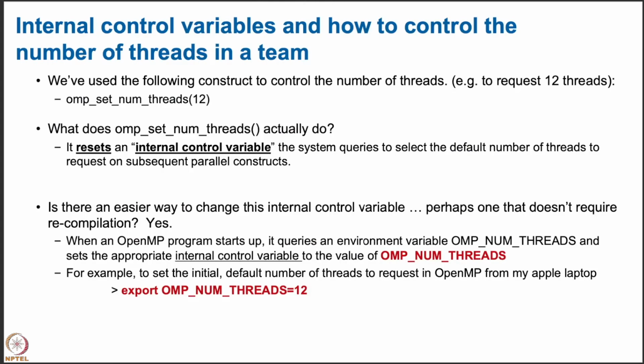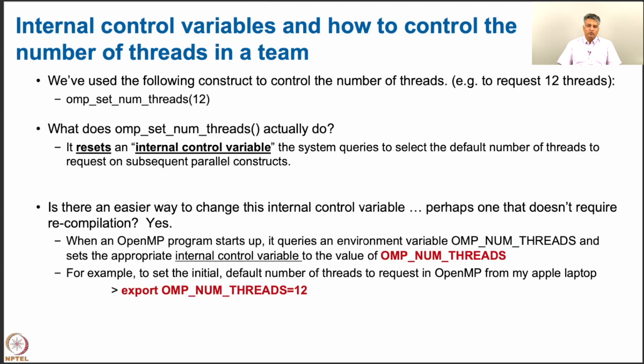So what we really need to figure out is how to control these internal variables and how to control the number of threads in a team. We need to tune this to the optimum number of threads, and we can always reset the number of threads using OMP set num threads.